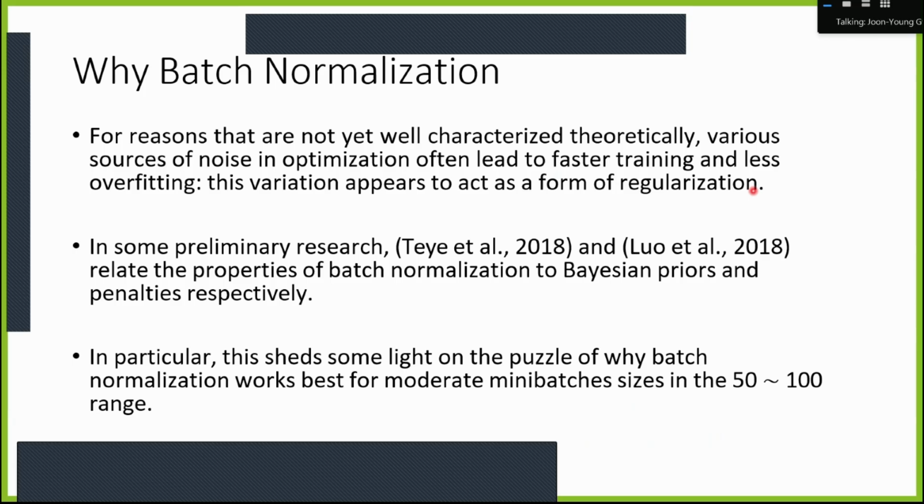The sample mean and the sample variance might naturally vary based on the randomness involved in batch sampling. That randomness translates into randomness in training, which results in a regularization effect.